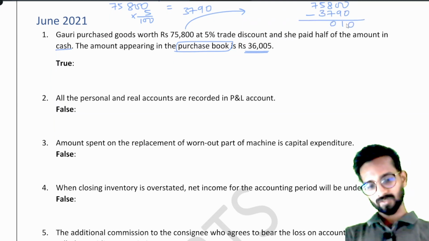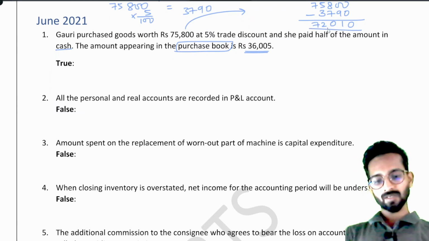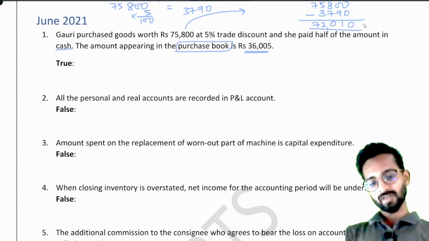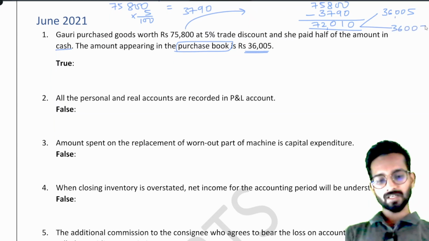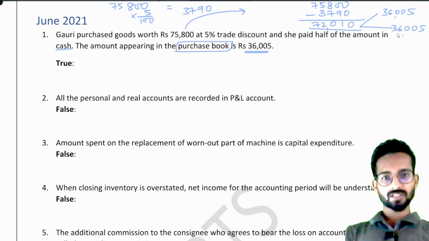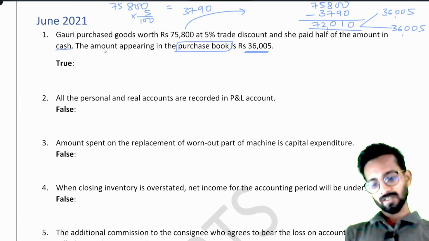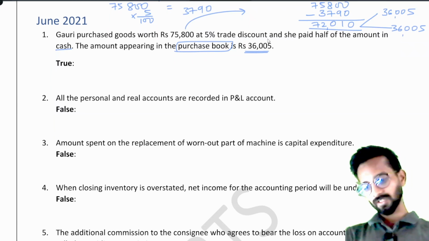So it will be 72,010. This much is the amount we have to pay. So we have already paid half in cash. Half in cash means 36,005 we have paid in cash, and the rest 36,005 is our credit purchase. So the credit purchase will appear in the purchase book, and that is what they are saying. The amount appearing in the purchase book is 36,005. That is absolutely correct.